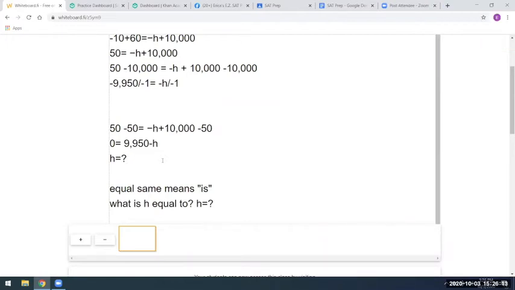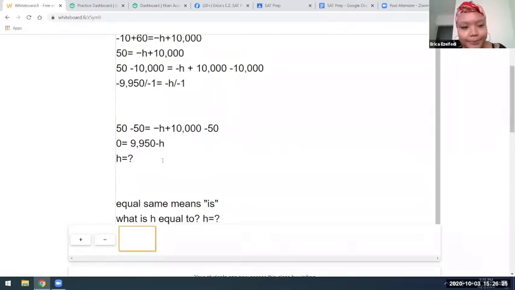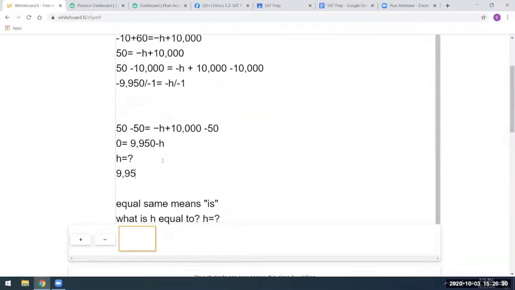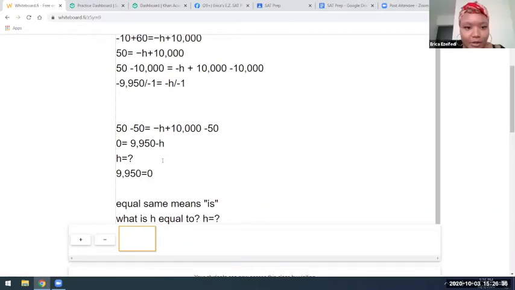So would that mean that 9,950 equals 0 is h? Because of the way the problem is set up. Say that again. Let me type out what you said. Would that mean that 9,950 equals 0 equals h? Is this what you're saying?